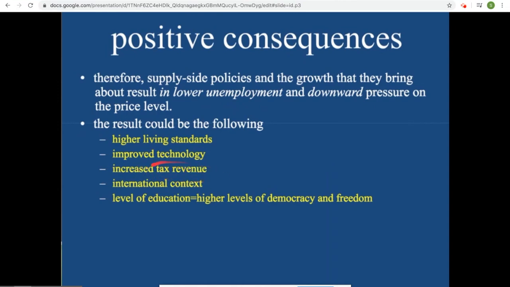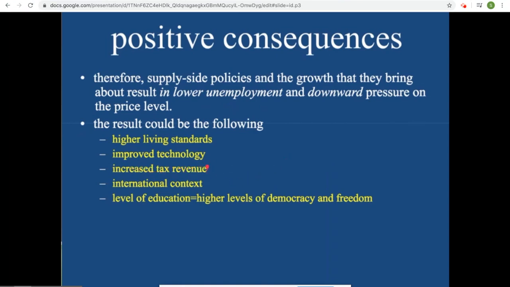Now, you can look at these tax revenues in terms of what the government gets from income taxes, and also in terms of consumption taxes, right? So, when there's economic growth, people do a lot more spending and they have to pay taxes for that spending.